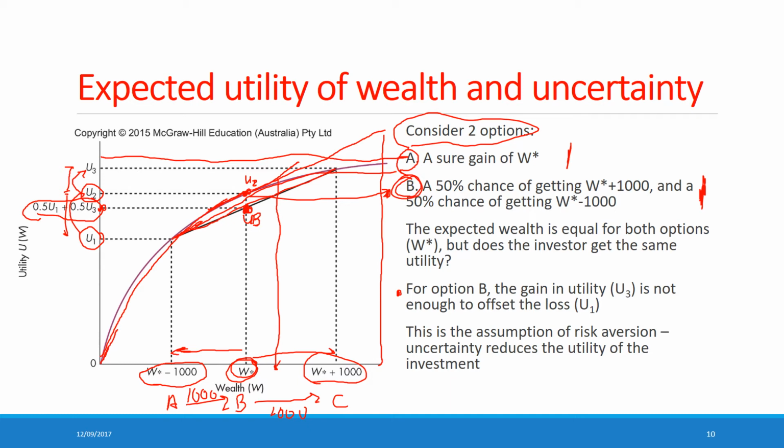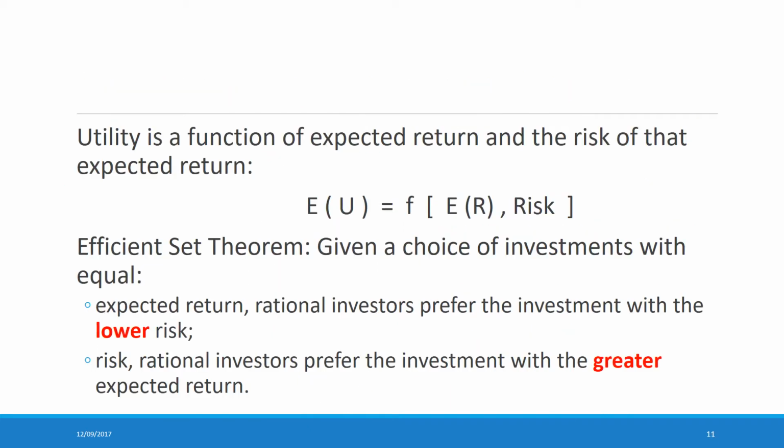So the marginal utility function, therefore, is the foundation of finance theories, right, where we try to model the behavior of a risk-averse investor. So the utility function is therefore a function of expected returns and risk.